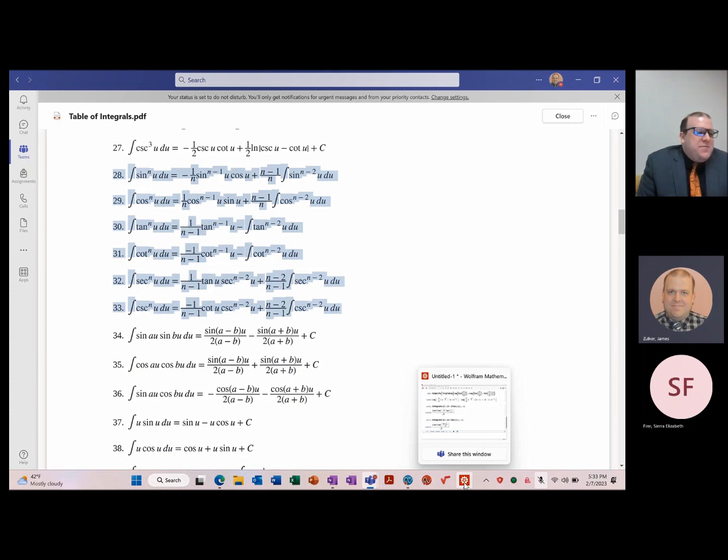When using a table, it is very important that you make note of the formula that you're using. So if you use, for instance, formula number 27, mark that you're using number 27. This way I can cross-check the table and make sure that you did it right.